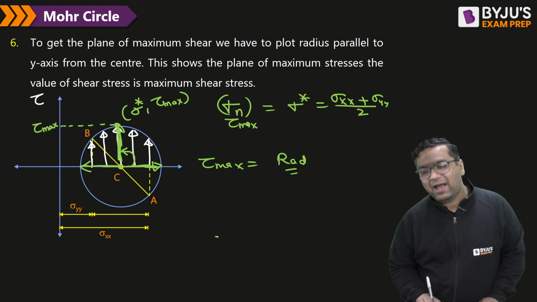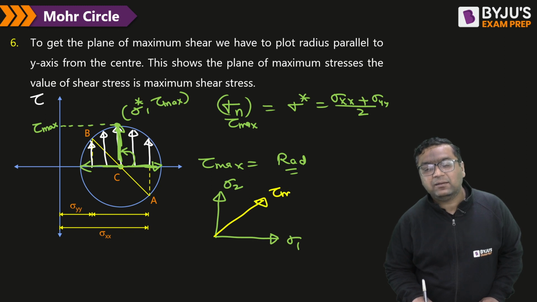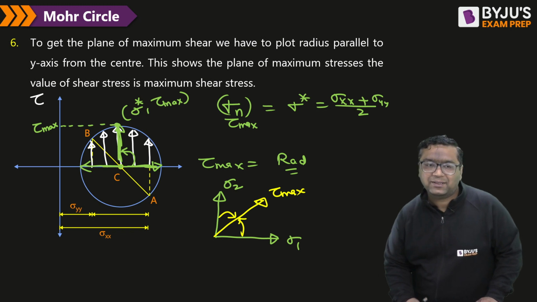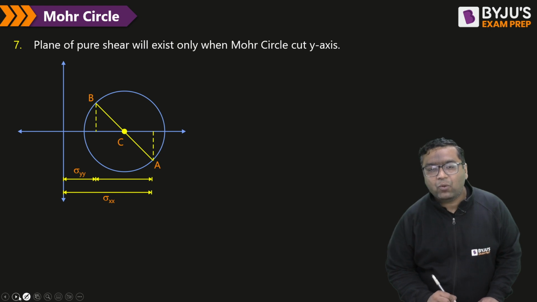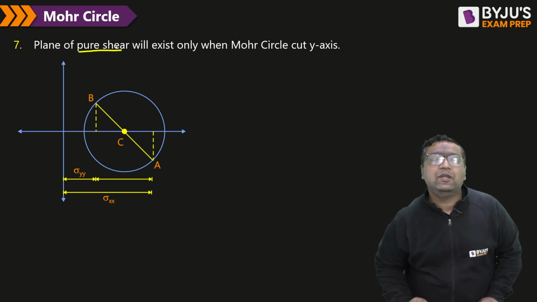So if we have this direction for sigma 1 and this direction for sigma 2, because they are 90 degree to each other, then nobody can deny that the tau max plane will lie at 45 degree to both. So this is how in 2 dimensions you can represent all the 3 important planes. So guys, now we are talking about the wonderful plane of pure shear.